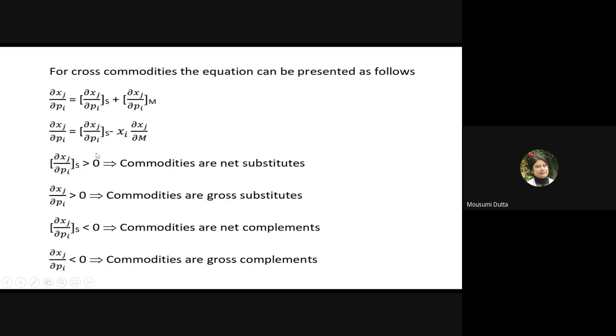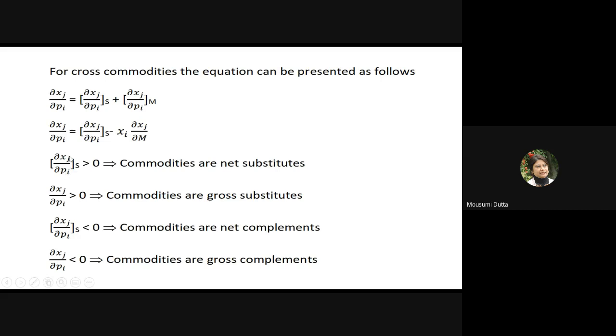If I consider a two commodity world, both i and j are running from 1 to 2, however, i not equal to j. If I consider this context, then I can consider this as del x1 by del p2.